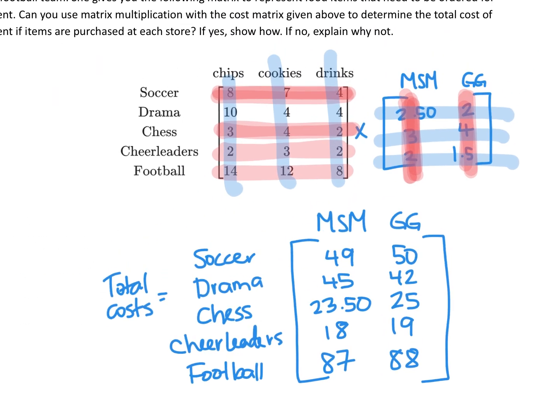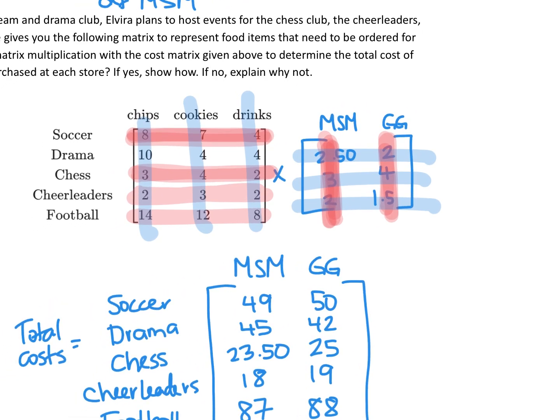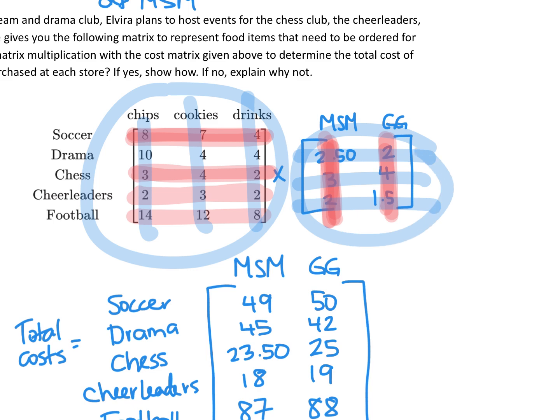So looking at number 3, do you see how our labels for the columns in this first matrix are chips, cookies, and drinks? And then the labels for the rows in the second matrix are also chips, cookies, and drinks.